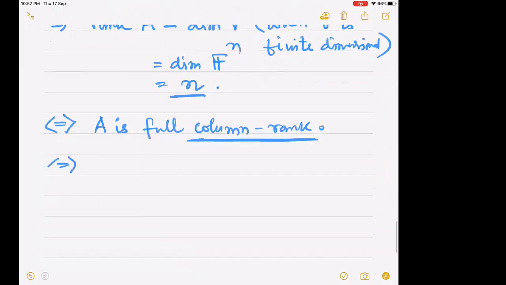Indeed, because the columns of A as a set generate the column span of A, right? Now here I'm saying that the dimension is also n. So I have n vectors which generate an n dimensional vector space. So those vectors must be linearly independent, right? Okay.